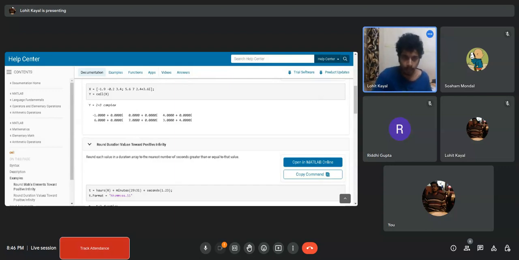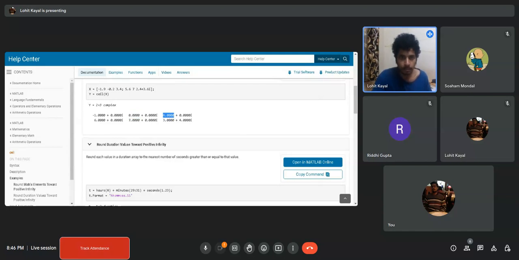So here the CEIL of minus 1.9 will become minus 1. Okay, here, if this is minus 0.2, what is happening? For the matrix, this minus 0.2 will be 0, and 3.4, it is obvious, this is 4.